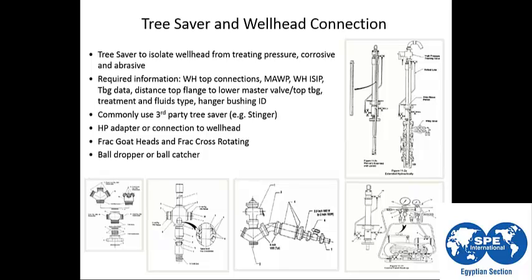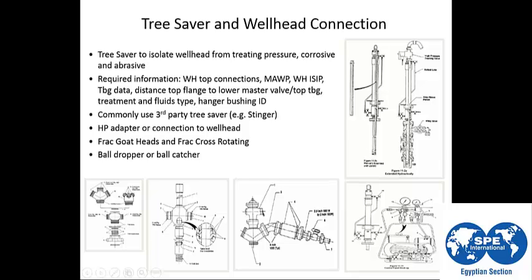The last thing here is the tree saver. The tree saver is used to isolate the wellhead pressure to do a fracturing job. How does it work? It works like this. We pass through the Christmas tree and have cups below that sit inside the casing to hold the pressure from the bottom.